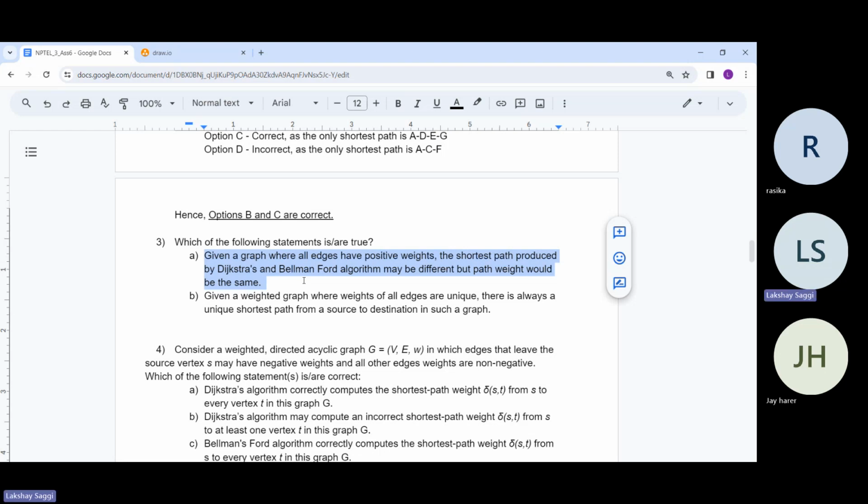Maybe Bellman-Ford gives some path which is different from Dijkstra's, but the path weight will always be the same. Okay, so maybe I should answer this: this statement is correct. And why is this correct?